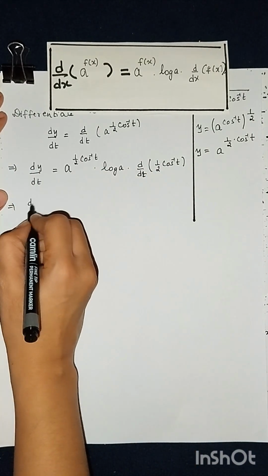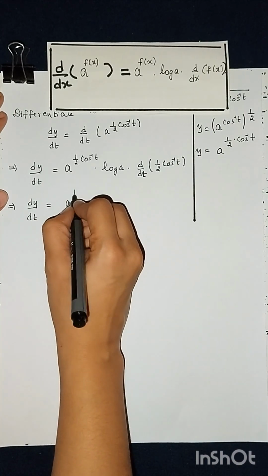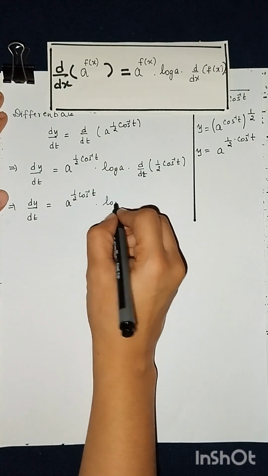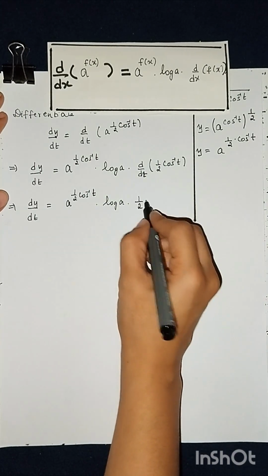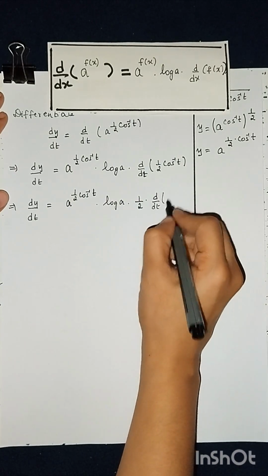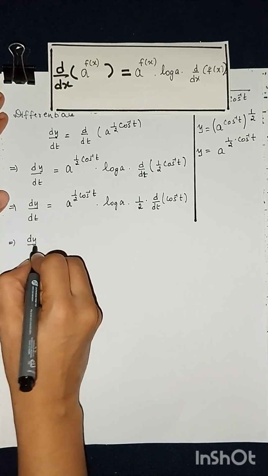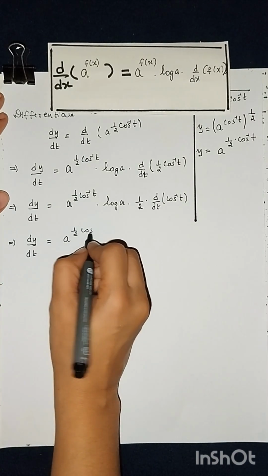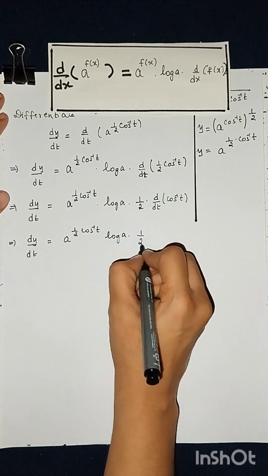Now this implies dy by dt is equal to a to the power 1 by 2 cos inverse t into log a. So constant into function, so we will take out the constant and we will differentiate the function. This implies dy by dt is equal to a to the power 1 by 2 cos inverse t log a, 1 by 2.